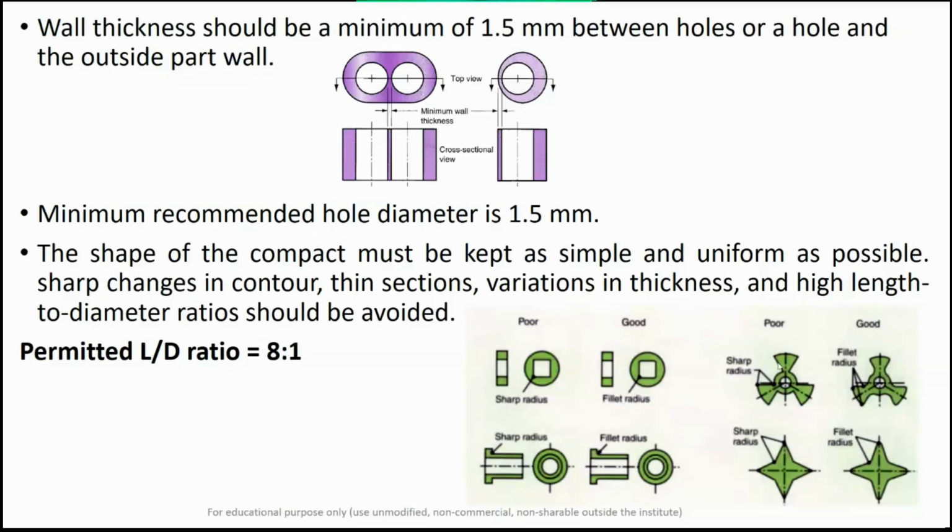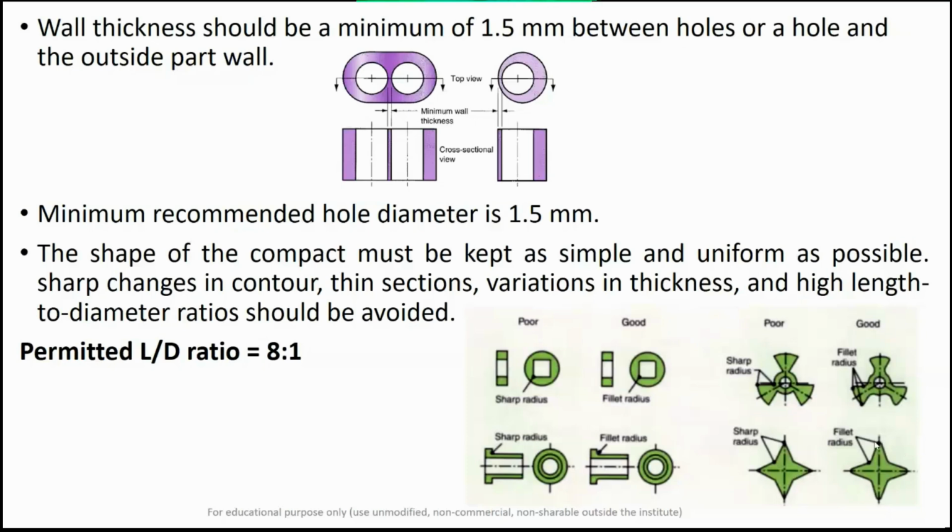Suppose you have a part like this. Again, this type of sharp change in the radius, sharp change in the cross section should be avoided, and the corners and these particular undercuts should be filleted, given some fillet radius. This type of sharp, pointed radius should not be there on your part geometry, and you should give some fillet radius, and it will all help during the ejection process.